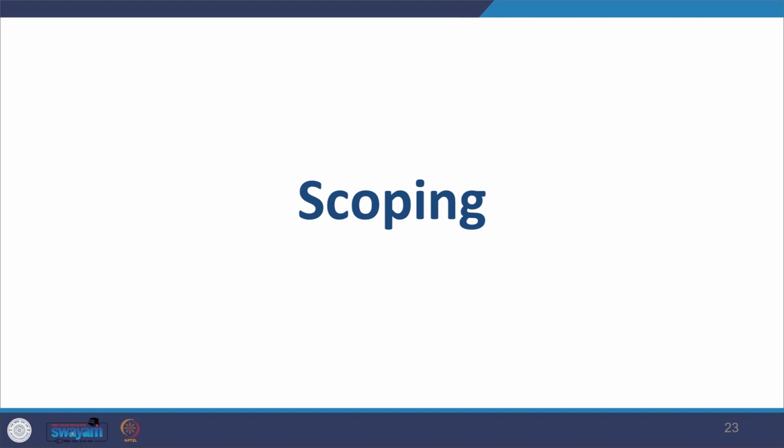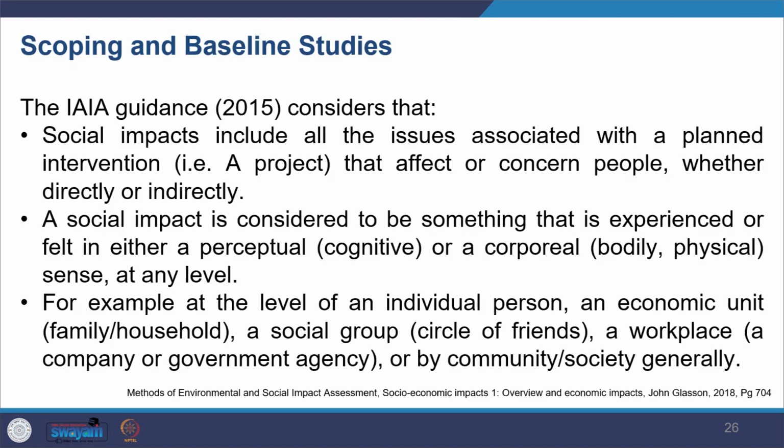Now moving on to the scoping components. Looking at the scoping aspects, as per the IAIA guidance, we are required to look at what kind of issues are associated with planned interventions, what the concerns of the common people, the local people are, and what kind of impact would happen to them directly or indirectly.